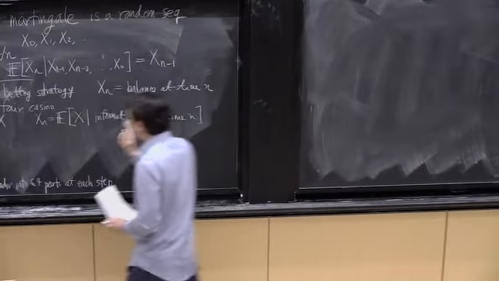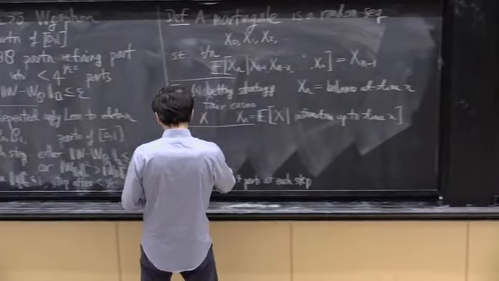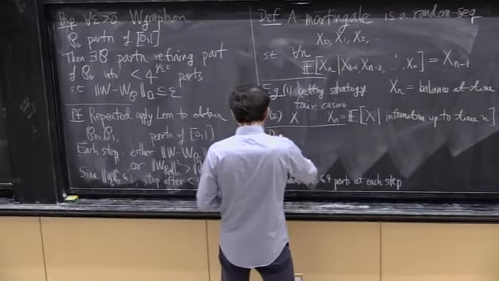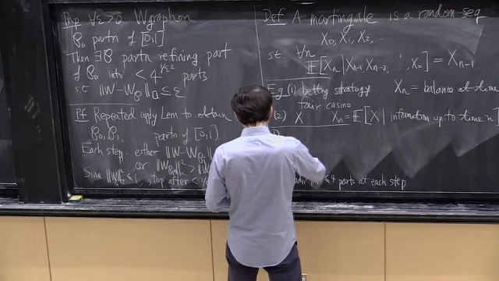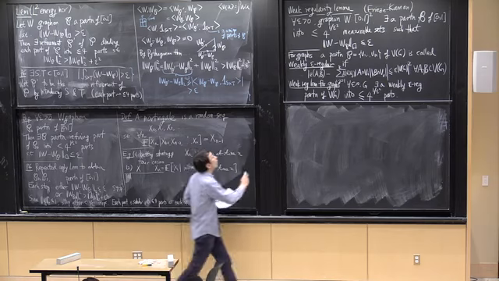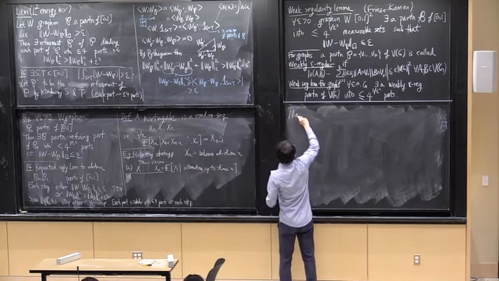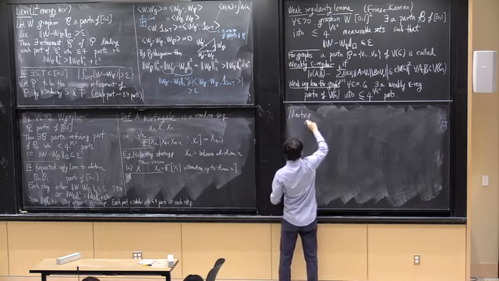An important property of a martingale is known as the martingale convergence theorem, and that's what we'll need for the proof of the existence of the limit next time.